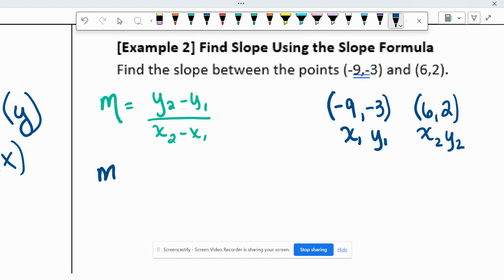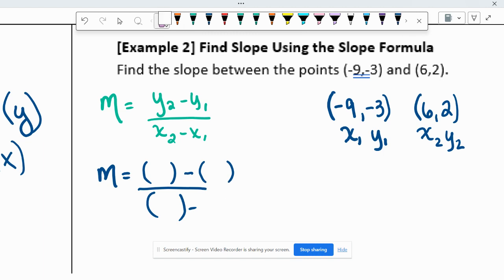And then I just know that I'm going to put something in for my y2 and my y1, divided by something for my x2 and my x1. I just put little parentheses there because I know that I'm just going to insert some values in there, right? So what is the value of y2? That's what goes first. Well, I go over to my two ordered pairs and I have what labeled as y2?